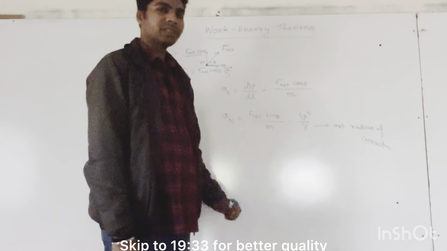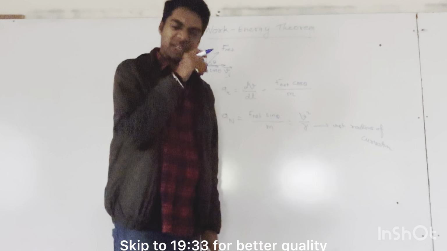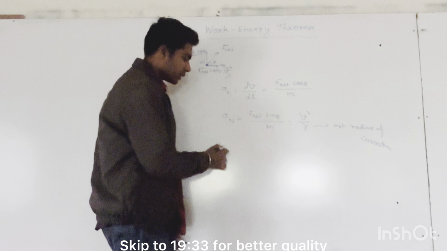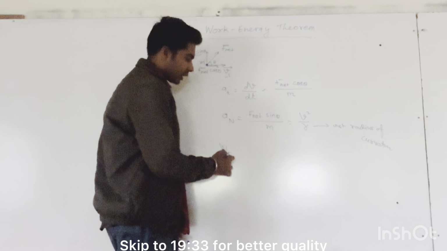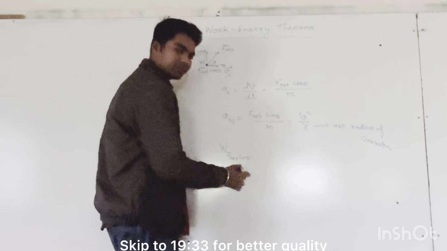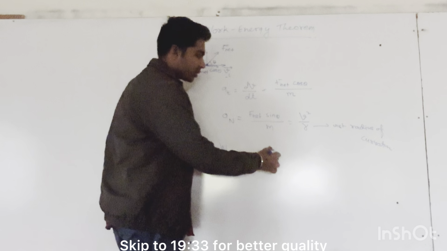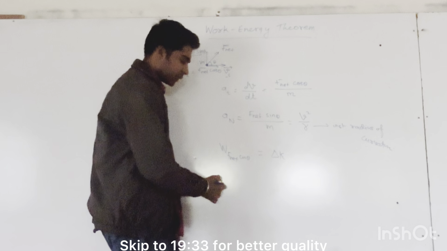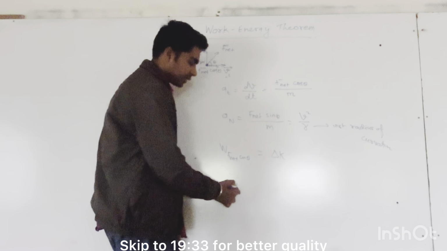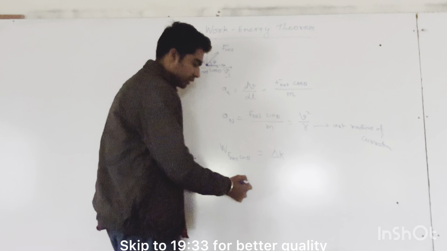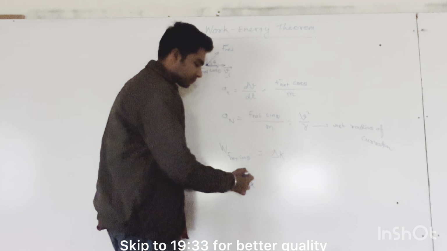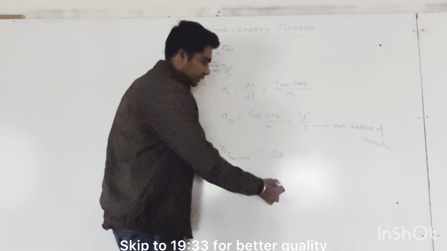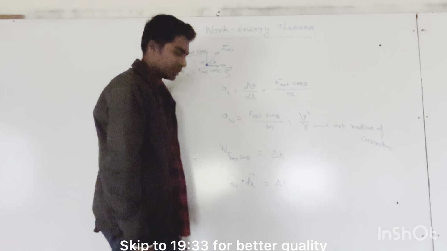So if F net cos theta is responsible for all the change in kinetic energy, we can write that the work done due to F net cos theta is responsible for the change in kinetic energy, or we can further write it as F net dot dx equals the change in kinetic energy.